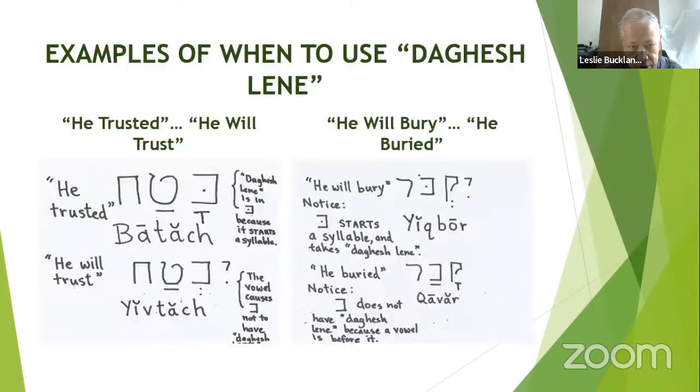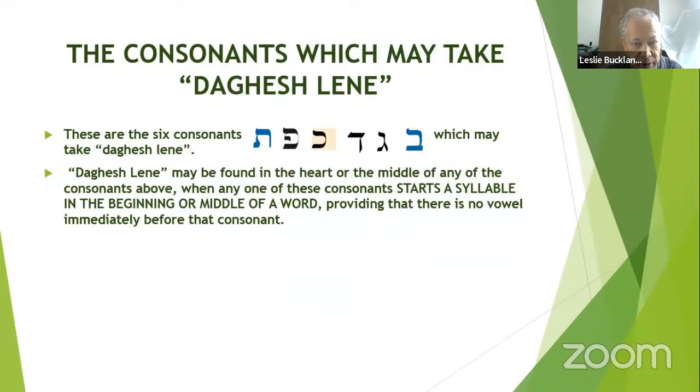Okay, so let me just go back here. What we have seen is that there are 6 consonants in the Hebrew alphabet which may take dagesh lene. This means that no other consonant in the Hebrew alphabet may take dagesh lene. Only these 6: Beth, Gimel, Daleth, Kaf, Pe, Tau. These are the only 6 consonants that may take dagesh lene.